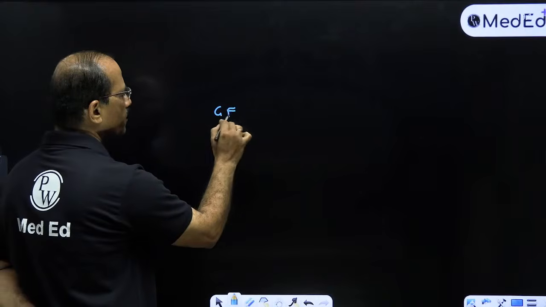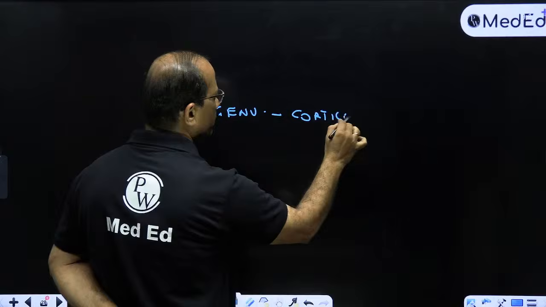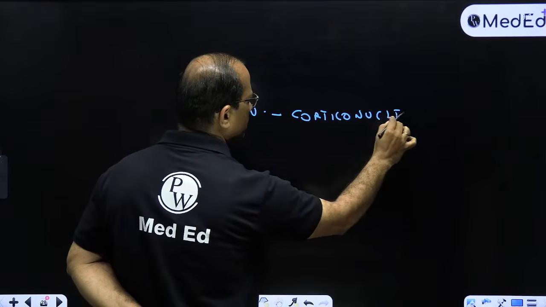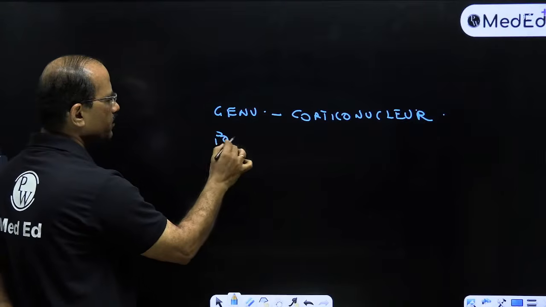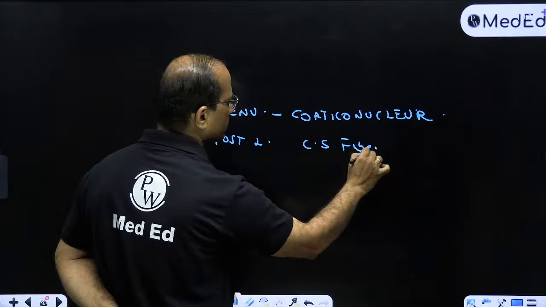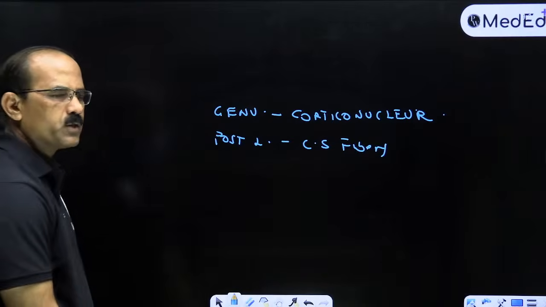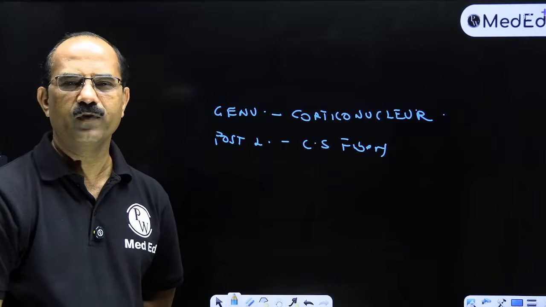The genu of the internal capsule carries corticonuclear fibers. The posterior limb carries corticospinal fibers. Fine.